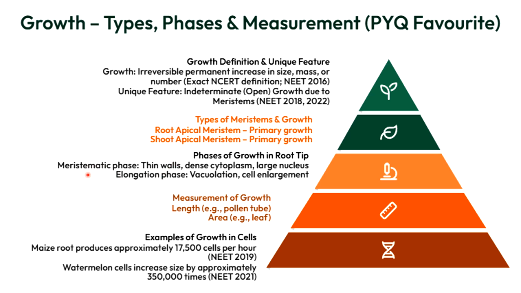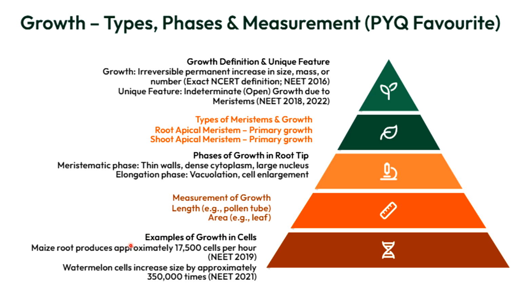Then the characteristics of the meristematic phase and elongation phase are also very important from the exam perspective. Then in measurement of growth, how a pollen tube is measured with respect to length, and how a leaf is measured with respect to surface area. This is also another point.